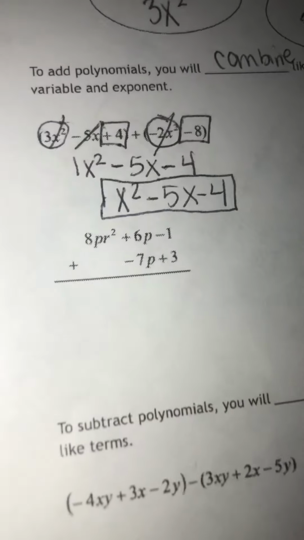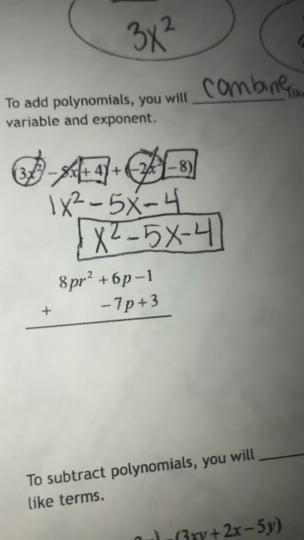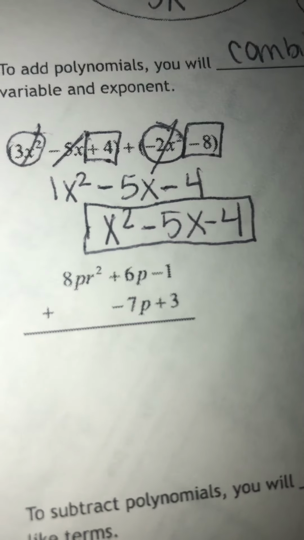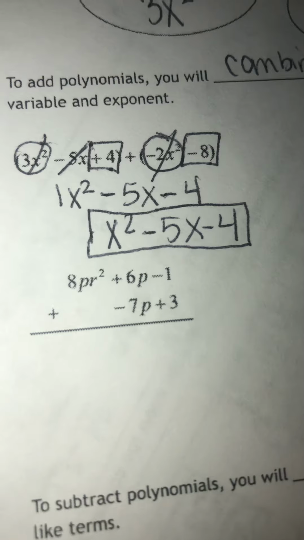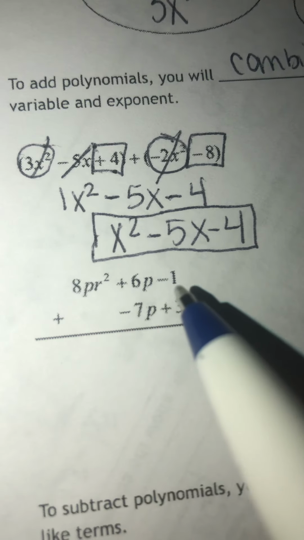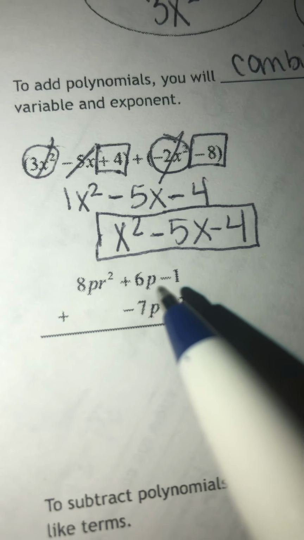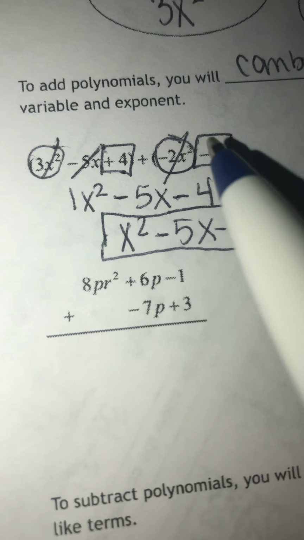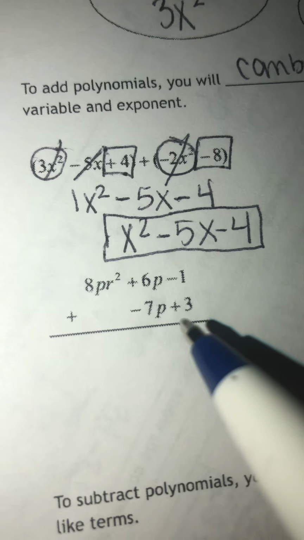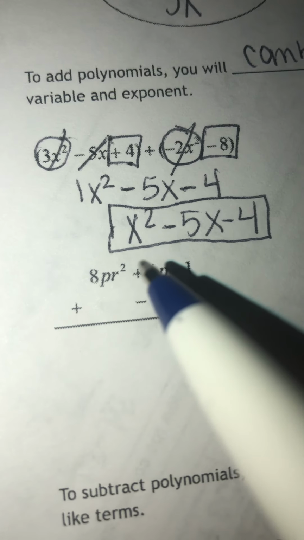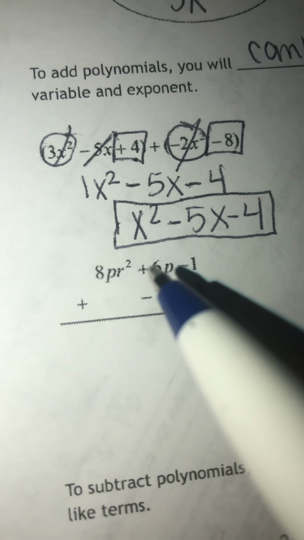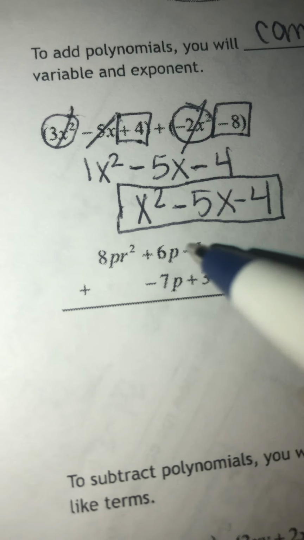Now, right below that is an example of the vertical method. In this method, you still have polynomials. The top one is your first one, and the one underneath that is the second one. I could rewrite this and make it look like the one up here, but there's no need for that. Notice how the like terms are lined up for you already.